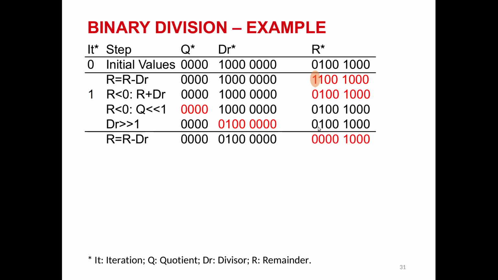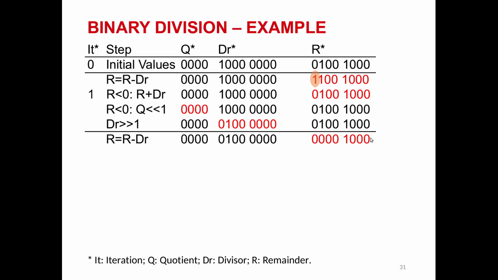We take R, or the remainder here, we subtract with dr or divisor here, and we can see that if we subtract this bit to this, we will have 0 here. This bit 1 here, subtract to this, we will have 1 here.